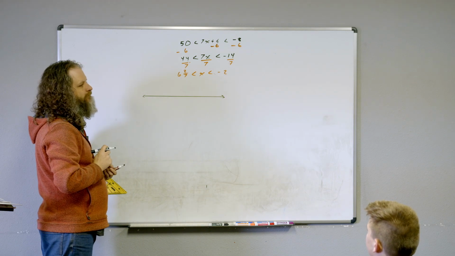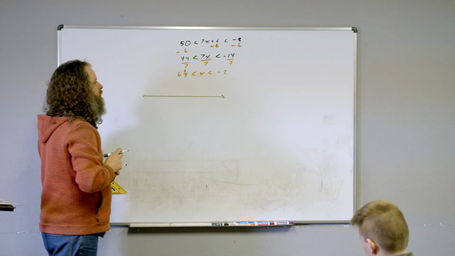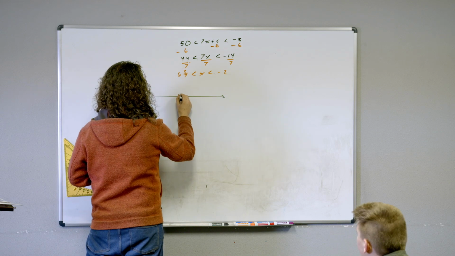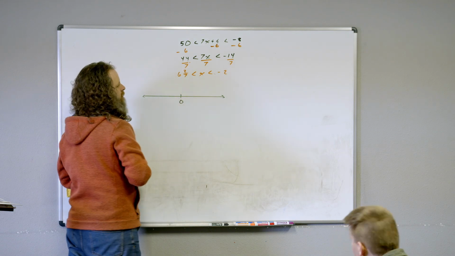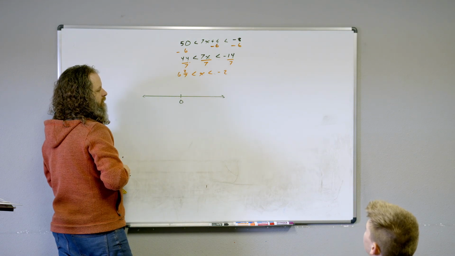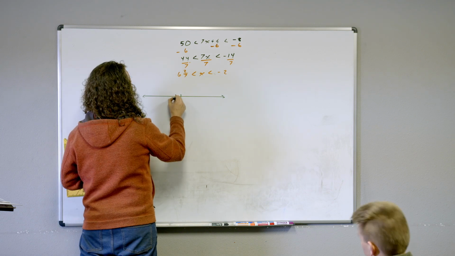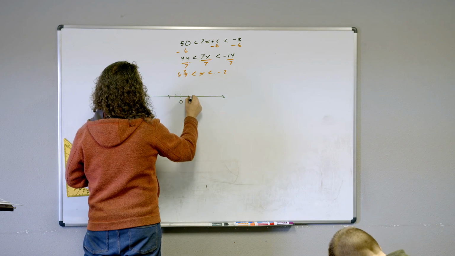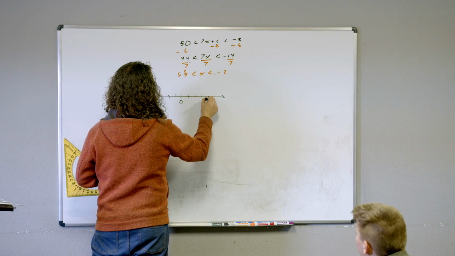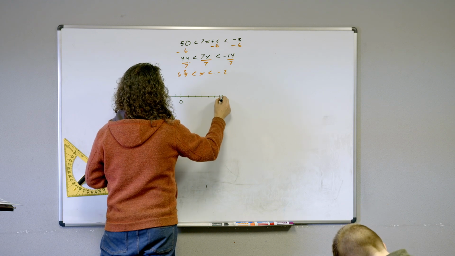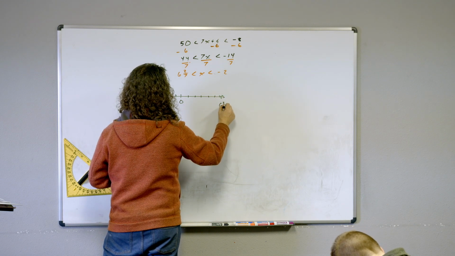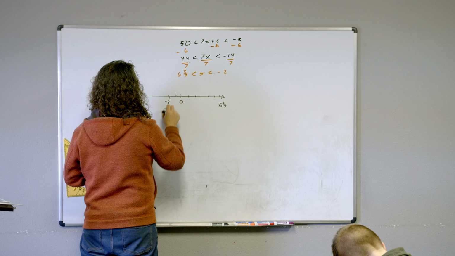What do we do now? 0 on there, sure. Now what? 1, 2, 3, 4, 5, 6. Now what?